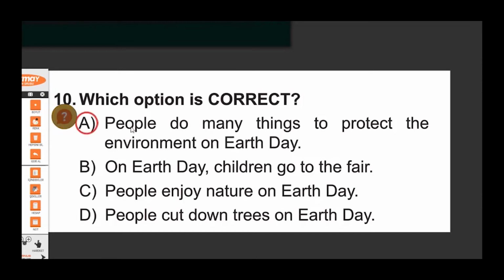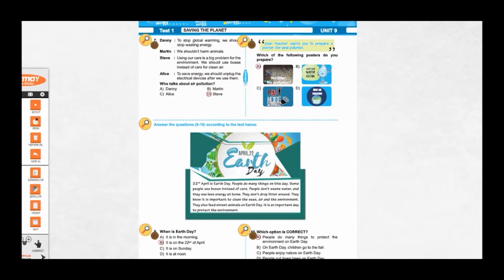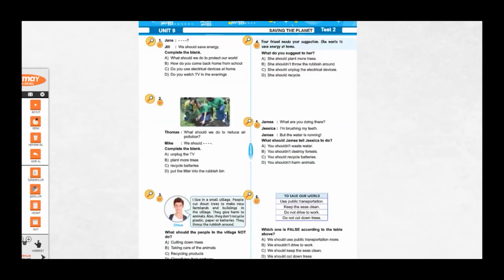Okay, the answer is people do many things to protect the environment on Earth Day. Well done. Let's go to the next page. Test 2.